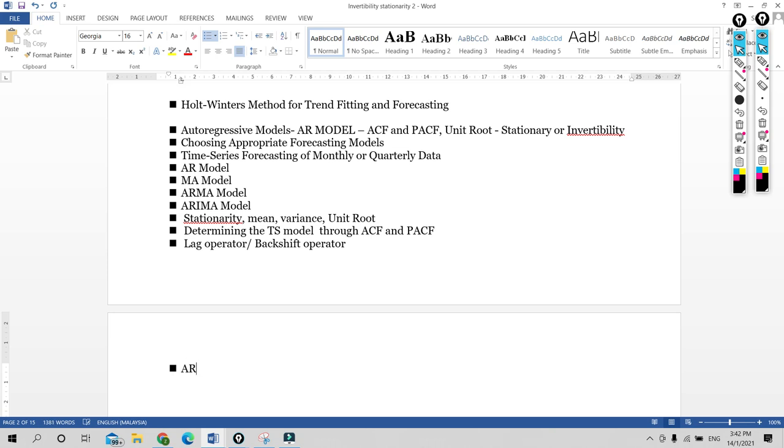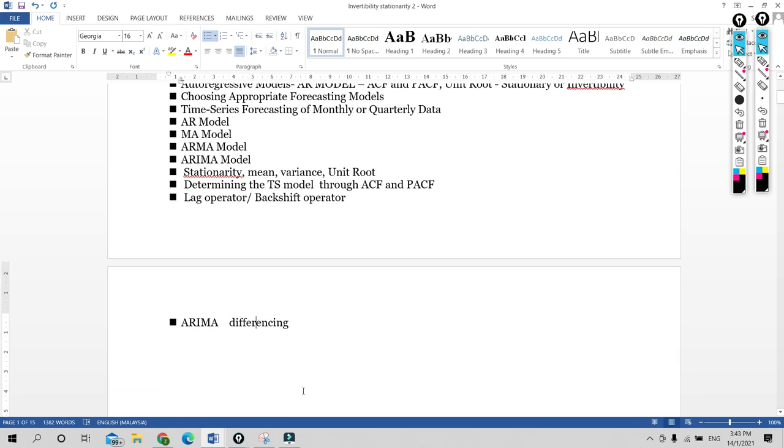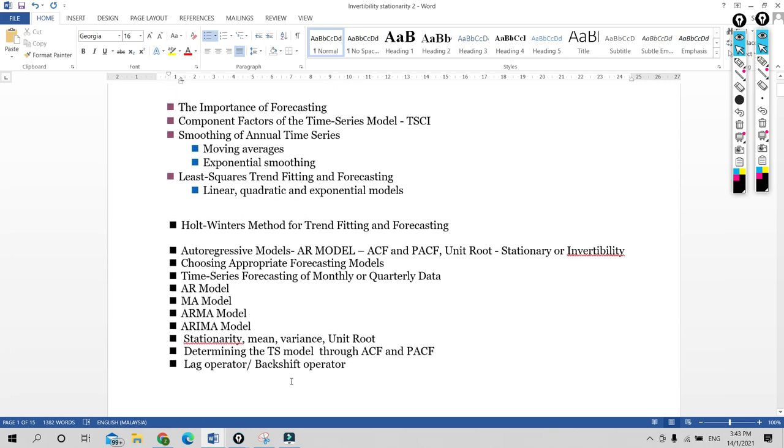So you have to know how to solve the time series using differencing, as given in the previous lecture. Basically, these are all the things that will be covered in the final assessment.